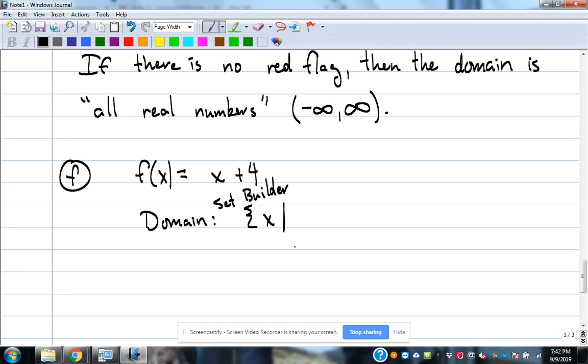And then we're saying that x is an element of the real number system. That's how you do it. Remember this epsilon that we used last week? That little C with the line in the middle. That means x is a real number, and that R has two little bars on it. So just make yourself an R and then put another bar behind it. That says all real numbers is what that means. Okay, so that's the abbreviation for all real numbers.